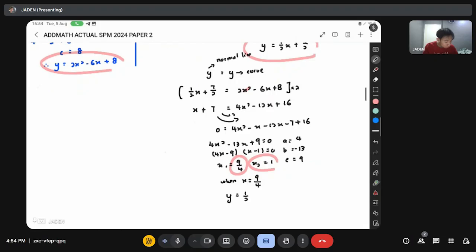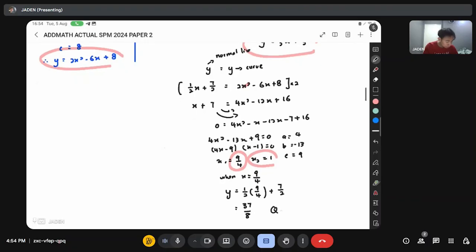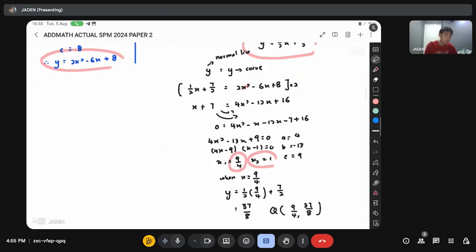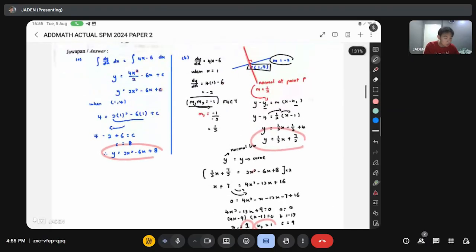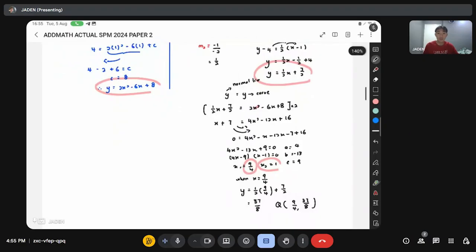So 1 over 2 bracket 9 over 4 plus 7 over 2, I get 37 over 8. So my q coordinate is 9 over 4, 37 over 8. And that is how you get the coordinates q. All right, job done.